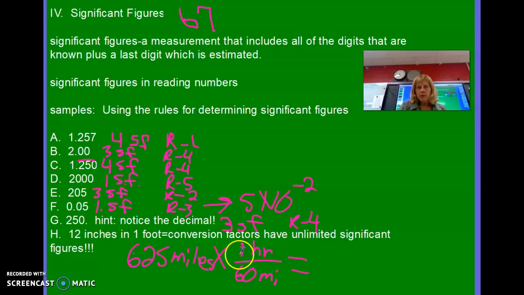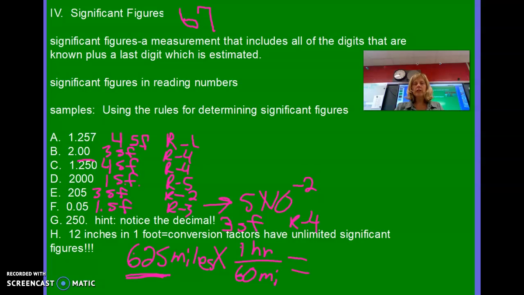Looking at these numbers separately, obviously 1 is one significant figure, 60 is also one significant figure, but this is 3 significant figures, so I want my answer to be 3 significant figures. I don't want it to be limited by my conversion factor, because conversion factors a lot of times have a 1 in them, so we just don't ever want that to be a part. So never ever let conversion factors limit your number of significant figures.